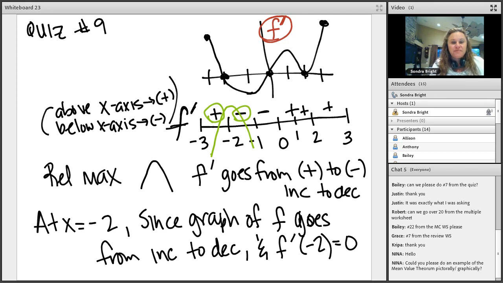Since the graph of f is going from increasing to decreasing, at x equals -2 you've got a relative max. Okay, that was part A. Let me just scroll down and make sure you don't have any questions about what I just did right there.